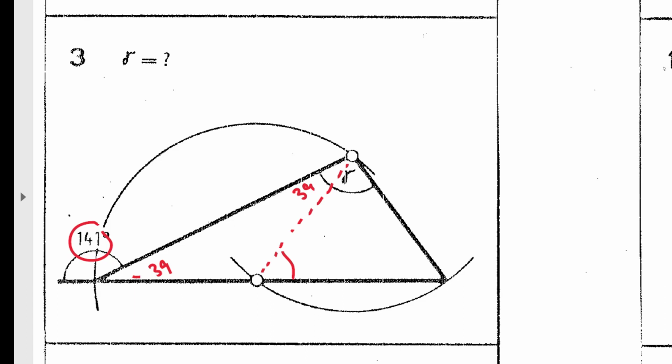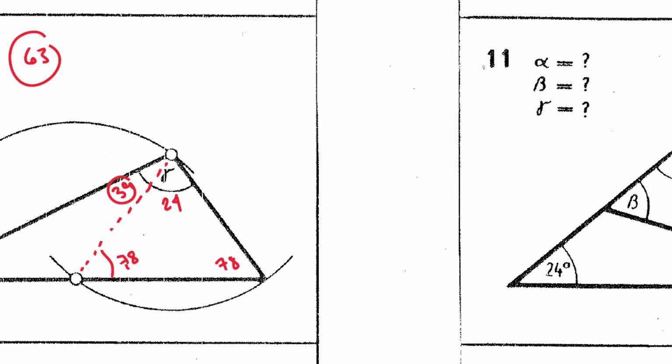So using the exterior angle theorem, this is 78 because it's 39 plus 39, which makes this also 78 because it's an isosceles triangle, and that makes this angle 24 because that's an isosceles triangle right here. And so this angle is just going to be 39 plus 24, or 63 degrees.